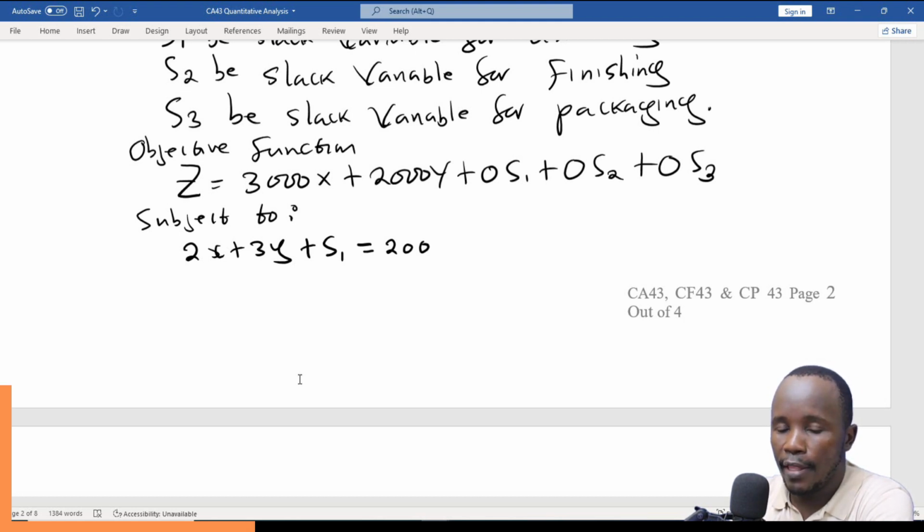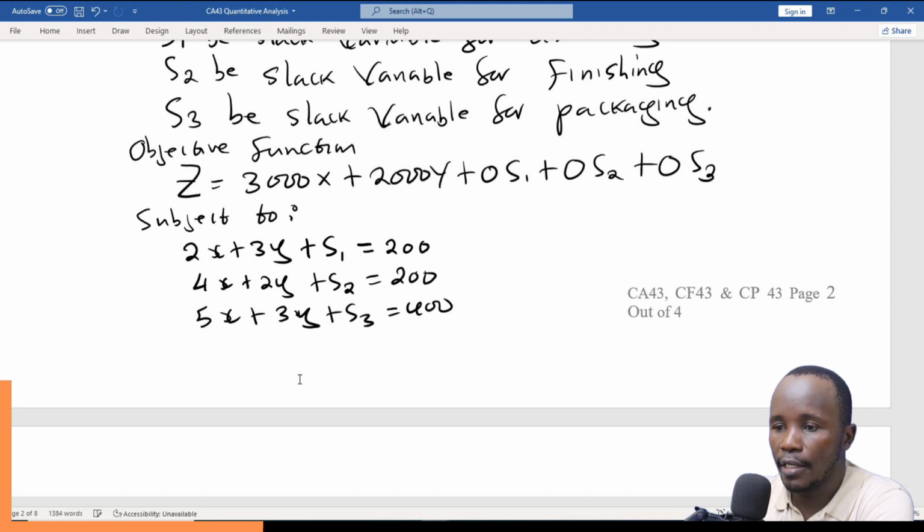We move on. The next one will be 4x plus 2y plus s2 is equals to 200. And we also have 5x plus 3y plus s3 is equals to 400. This one is for assembling. This one is for finishing.